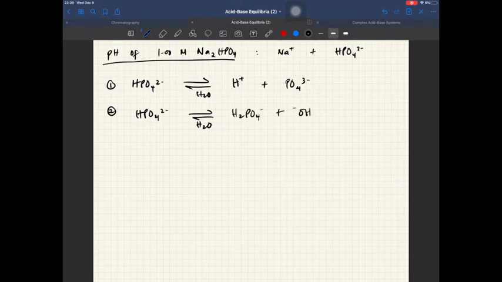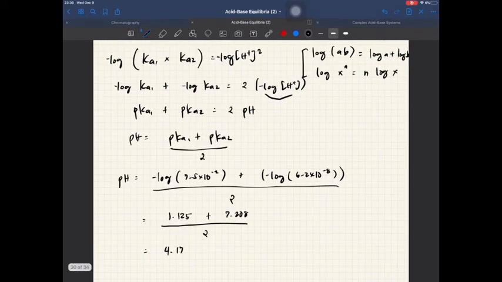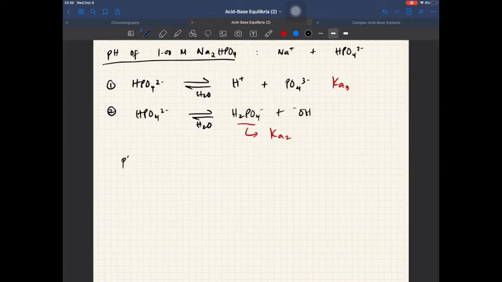Take note, what is involved in this amphiprotic species is the third ionization and the second ionization. This one is the third ionization, Ka3, and this species is from the second ionization, Ka2. If we derive the same thing as in the previous example, we get a pH equal to pKa2 plus pKa3 over 2.